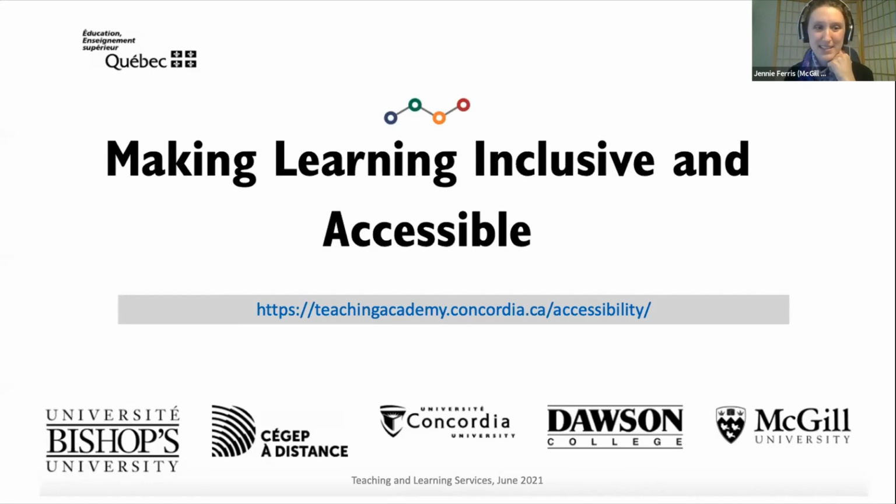So this was with Bishop's University, Cégep à Distance, Concordia University, Dawson, and the McGill team, with Knowledge One and the Entente Canada Quebec. The aim of this was to develop a series of modules, and one of those several modules speaks to the accessibility toolkit that we've been sharing with you here today, the set of role-based checklists.